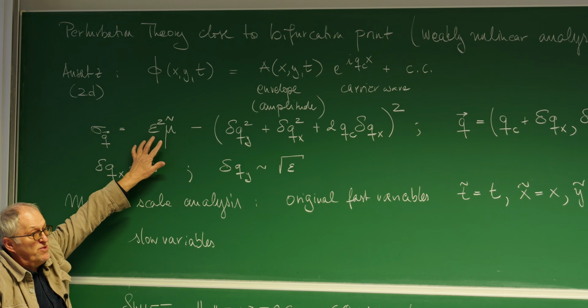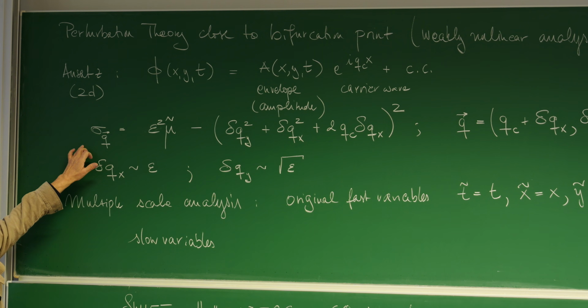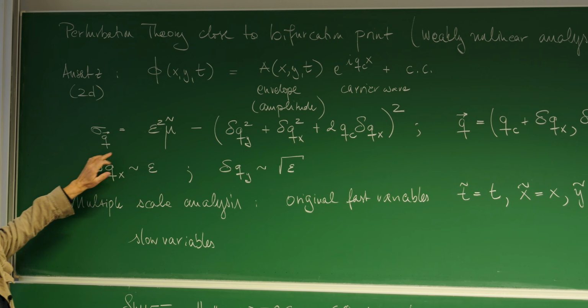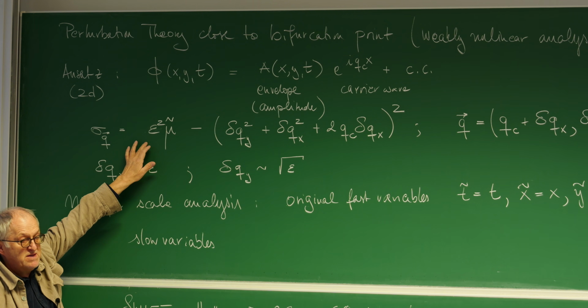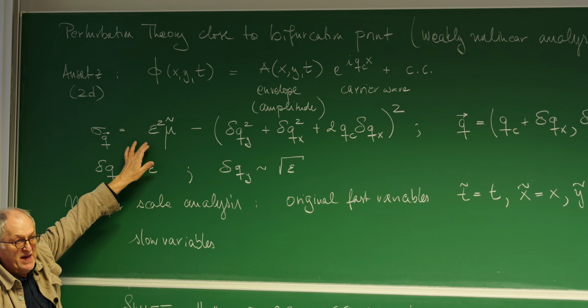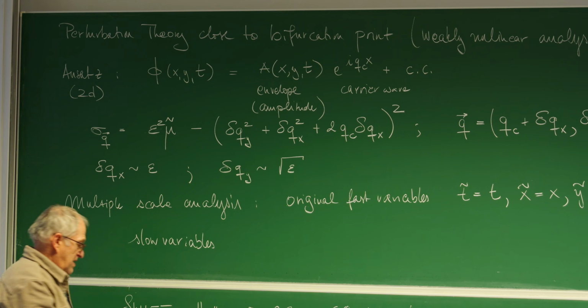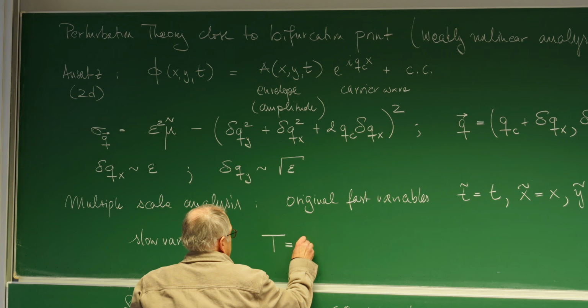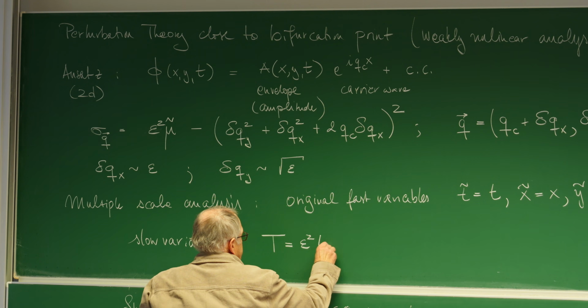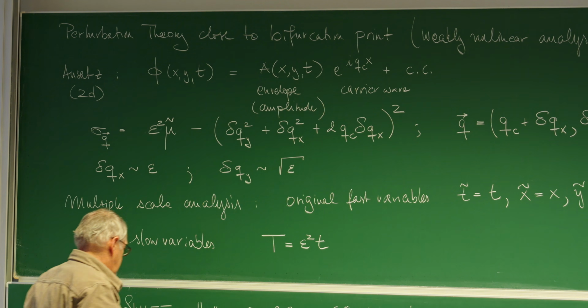So you see in a dispersion relation, sigma is a growth rate. That means the corresponding time I have in this slow space has to be rescaled by epsilon squared. That means I'm defining a slow time scale as epsilon squared times t.